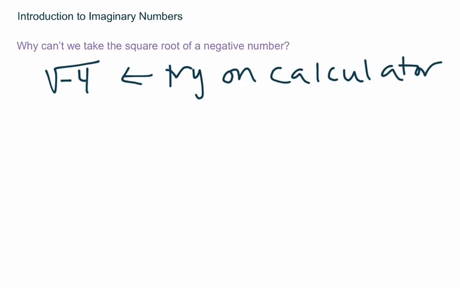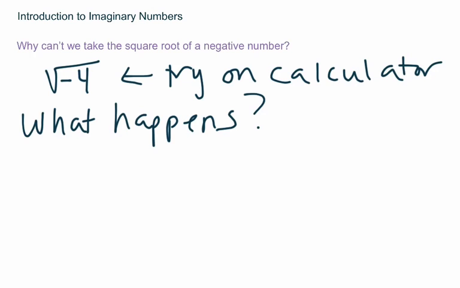Now, the question is what happens. There's a variety of things that happen, but generally it's some version of an error. And the more sophisticated your calculator is, the more specific the error message would be.